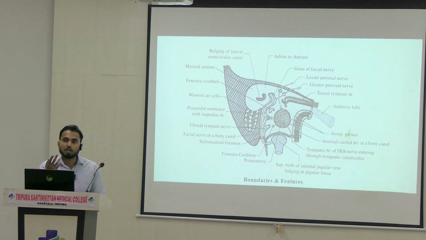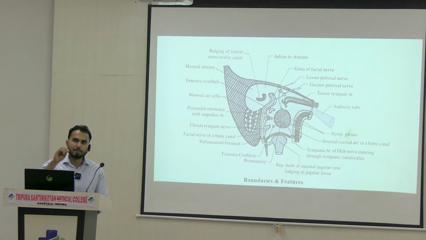And you have to mention that if this is the boundary, it is separating the middle ear cavity from which part of the brain. Suppose this boundary is separating the classroom and the external part, similarly the boundaries of the middle ear cavity will also separate it from something that you have to mention.